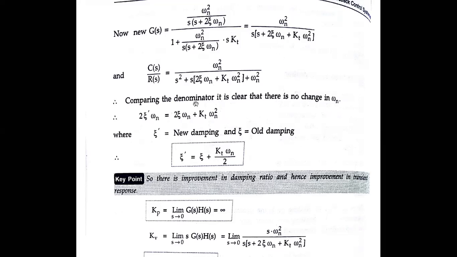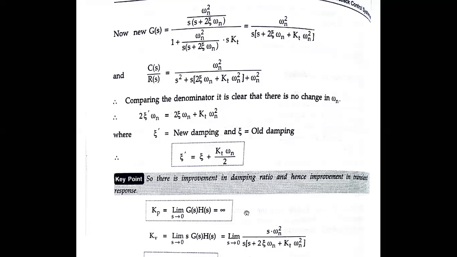Okay, so therefore this omega n into 2 into eta dash into omega n is equal to 2 eta into omega n plus kt into omega n square, this particular value here. Because this value is nothing but your denominator term.